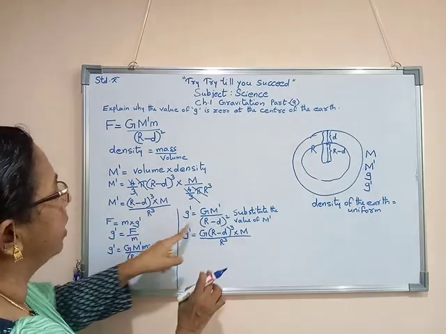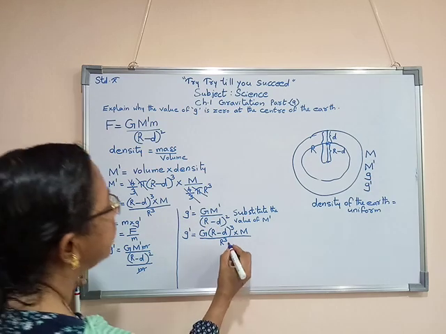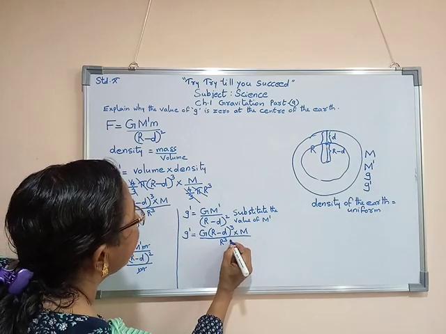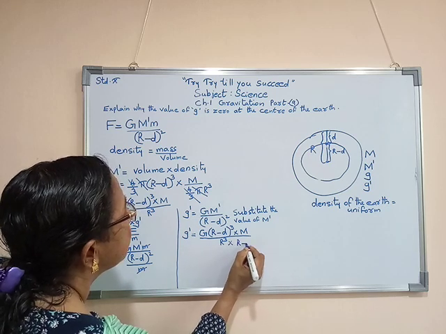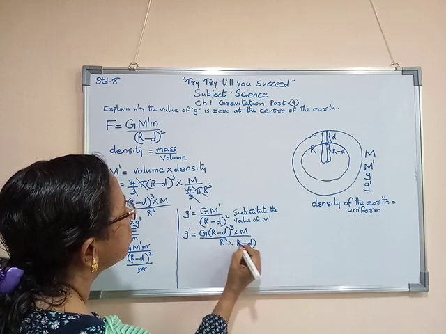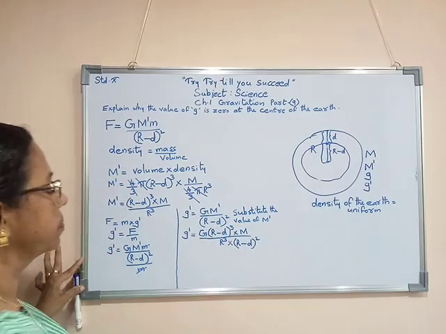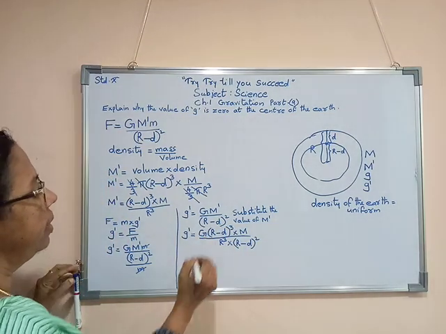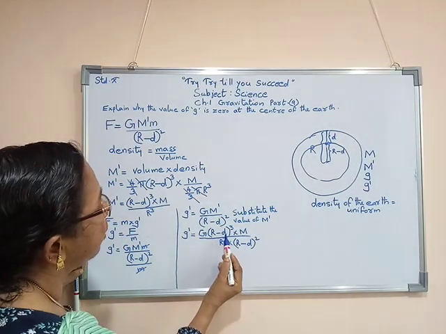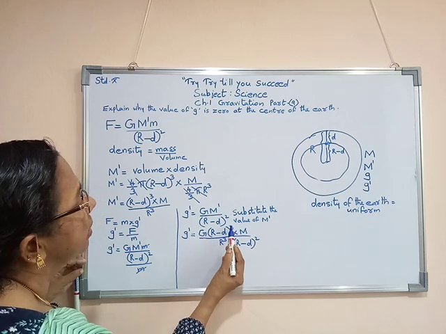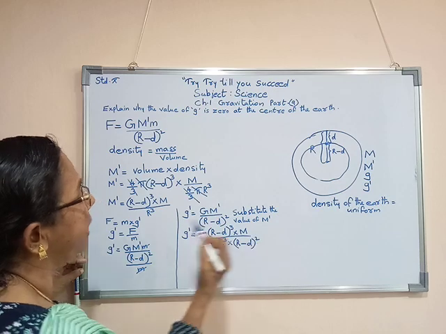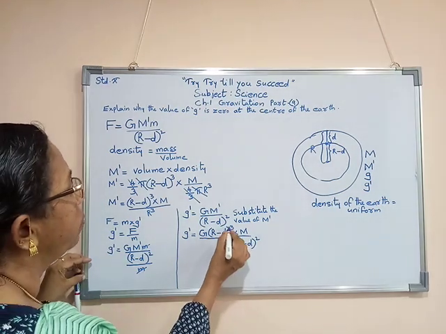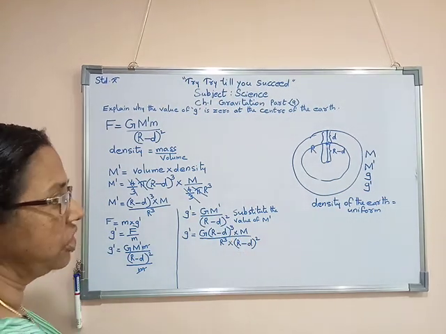Now what is left out? R minus D whole square. So into this value I am writing into (R minus D) whole square. Yes children, here now we can find that (R minus D) cube is there. At the same time here (R minus D) square is there. So then we have to cut it and make it short.